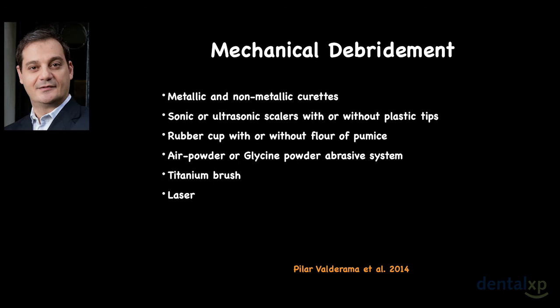They call laser a mechanical debridement, again trying to debride the surface with it. Then photodynamic therapy, and lastly implantoplasty. Implantoplasty is just to polish the surfaces of the implant by mechanical means.